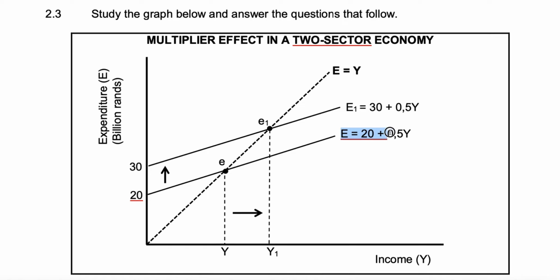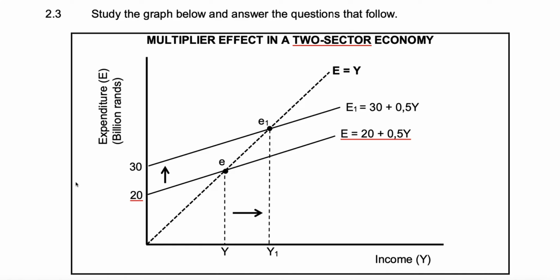And then, so this equation here is basically saying autonomous consumption, this 20. This is our marginal propensity to consume, and this is our income. So together we can just say this is our induced consumption. Right.